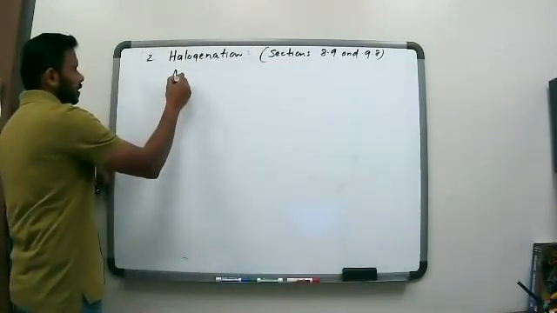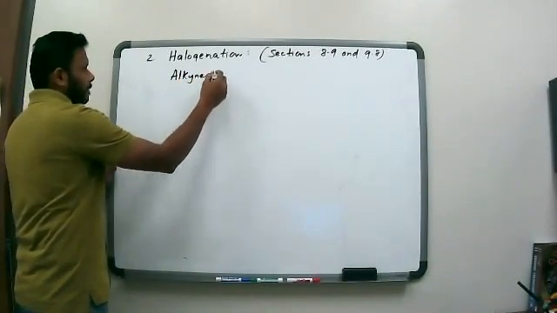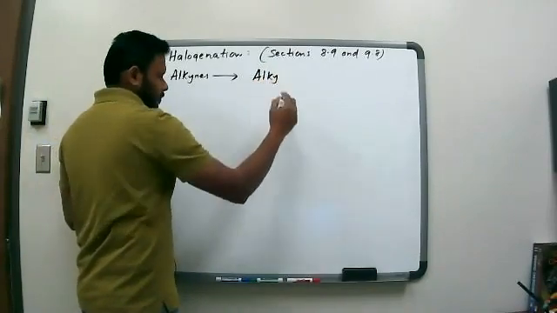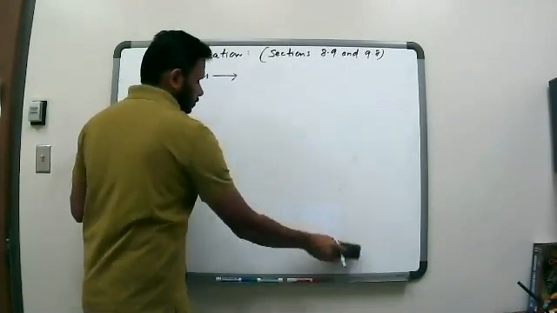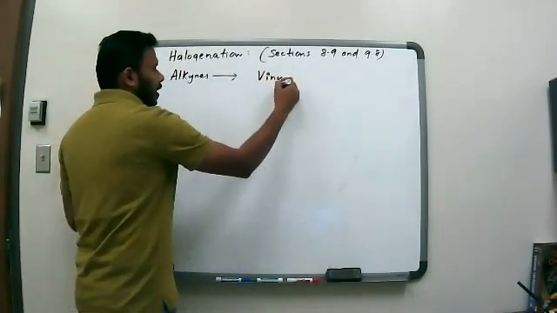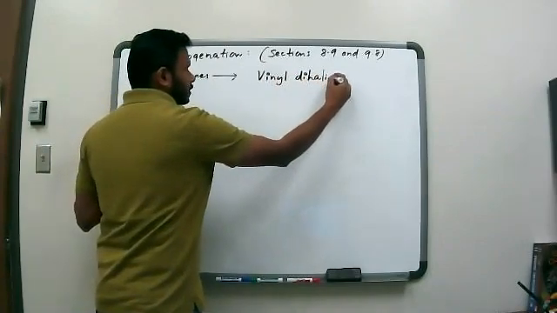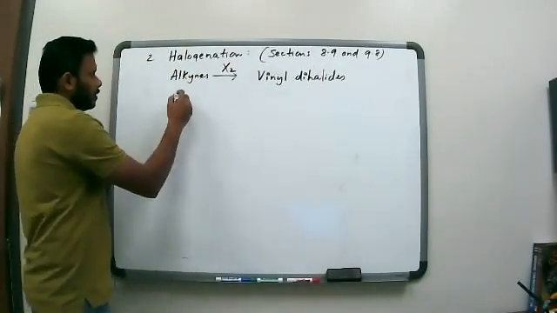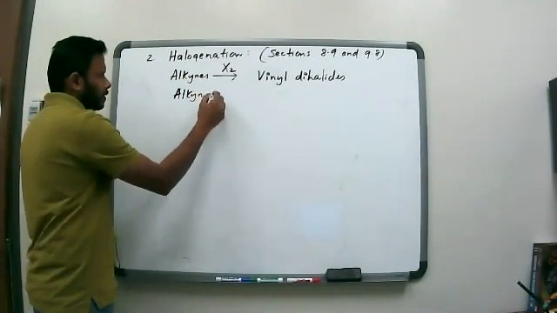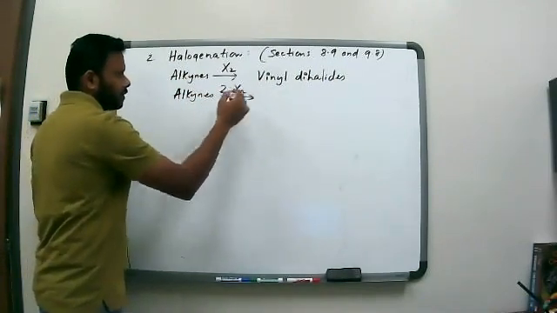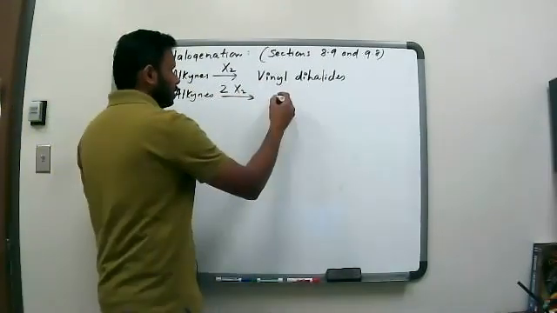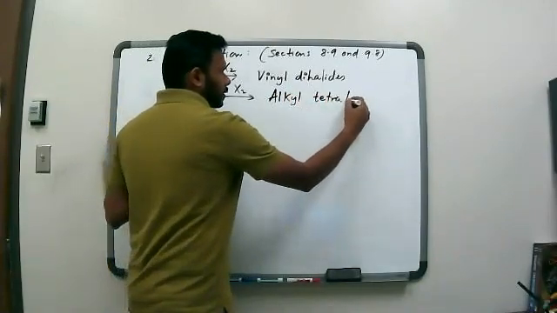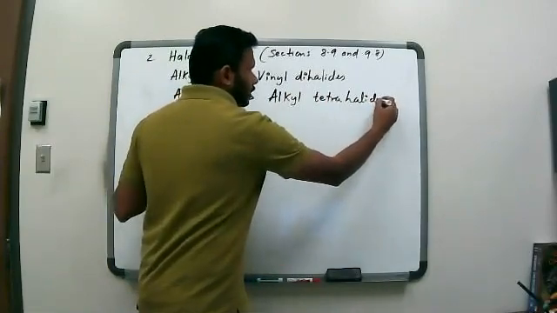Okay, so alkynes, when you do chlorination on them, they will become vinyl dihalides with X2, or you take alkynes and do the reaction with excess halogen, then you get alkyl tetrahalides.